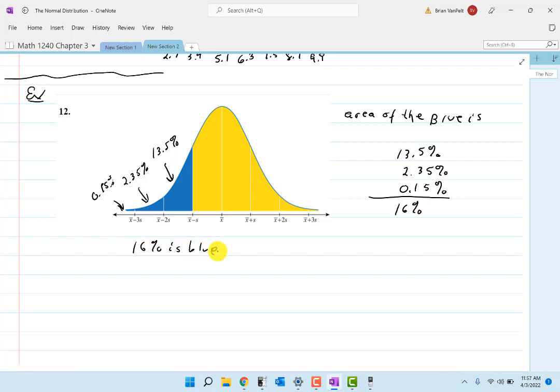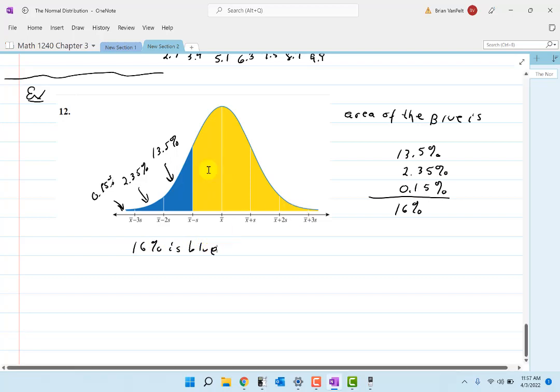Well, that doesn't hurt then to figure out these. Now, if I wanted to figure out what the yellow ones are, I'm not going to do the individual amounts like this. All I'm going to do for the yellow is do 1 minus that. Yellow area equals 1 minus 16%, which is 84%.